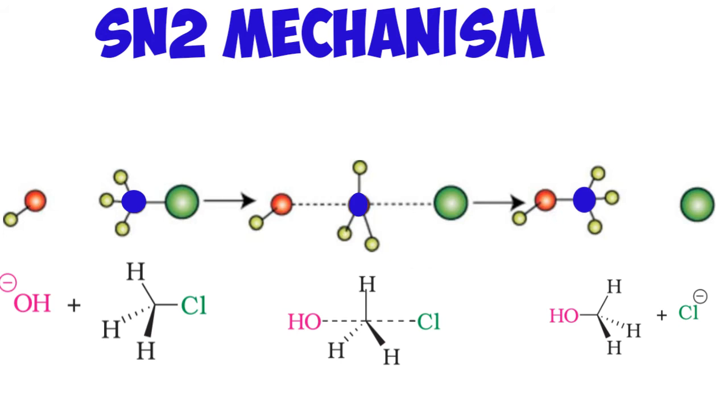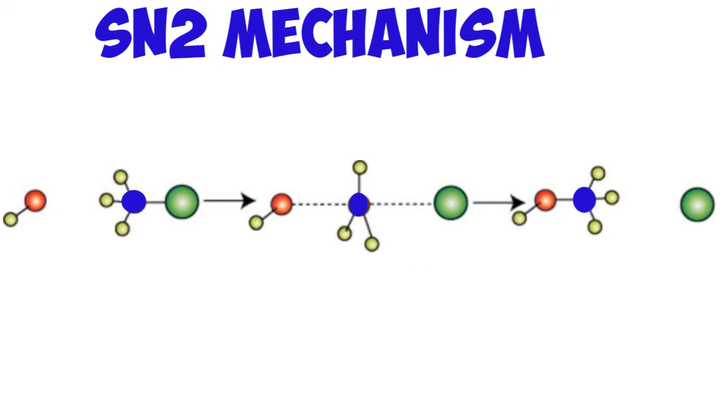You can see that when the hydroxyl group is approaching the alkyl halide from the opposite side, that is the first part, the hydrogen atoms are moving away from the approaching nucleophile. In the second part you can see this. And in the third part you can see that direction of CH bond has changed. That is, the configuration of carbon atom inverts. This helps the carbon atom to push away the leaving group also.